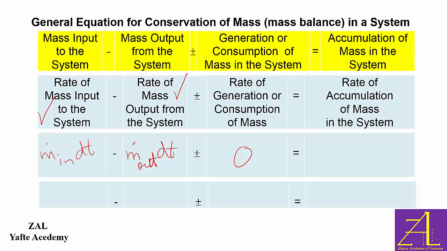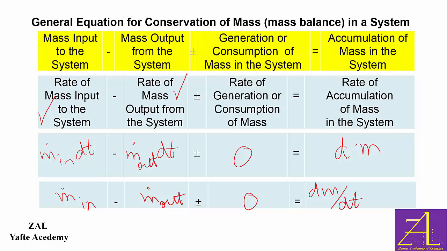In this time dt, an amount of dm may accumulate in the system, so we write it there. If we divide both sides of the equation by dt, we will have m dot in minus m dot out plus 0 generation consumption equals dm over dt.